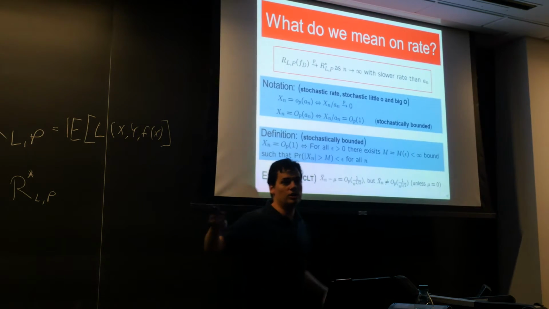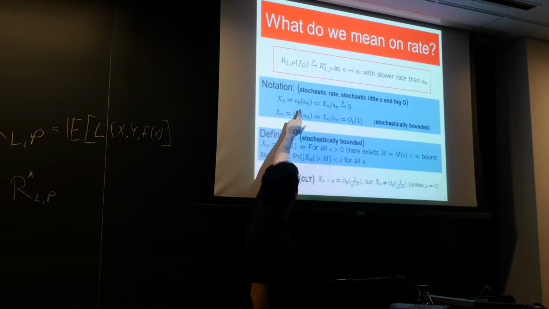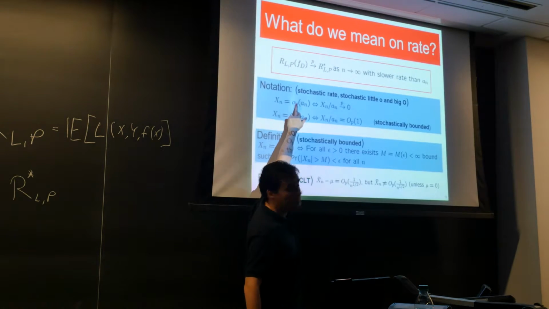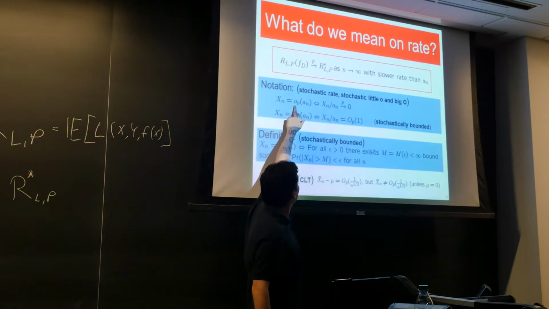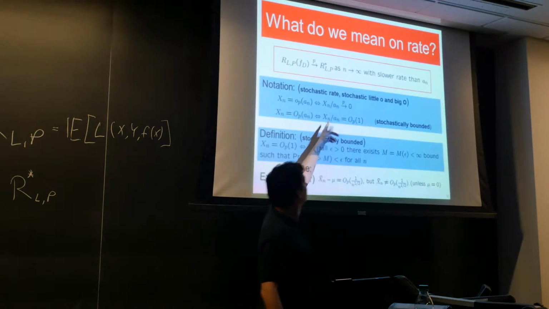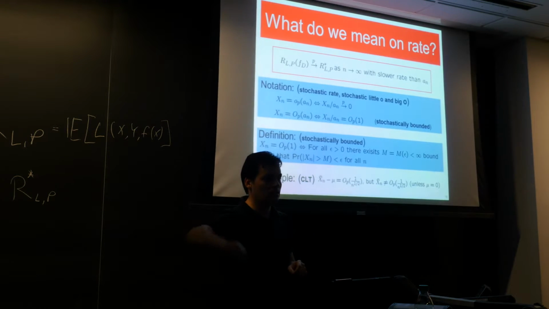This is the generalization of the little o notation. It's exactly the same for deterministic quantities, just without the p. So we say that x_n is little o_p of a_n if x_n divided by a_n converges to 0 in probability, because these are random variables. And a_n is a fixed series.